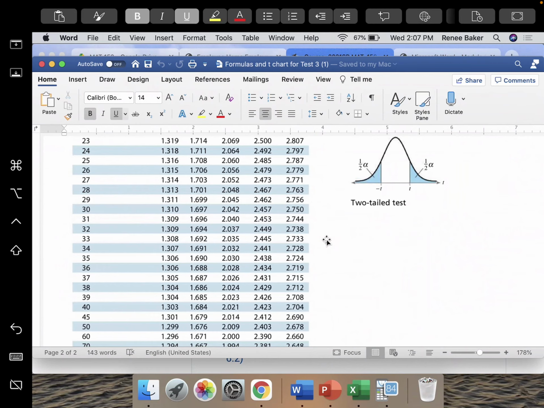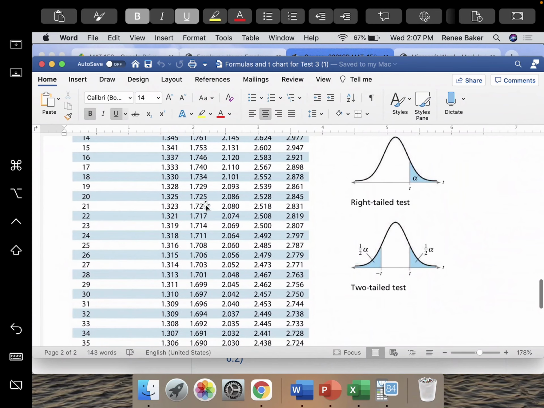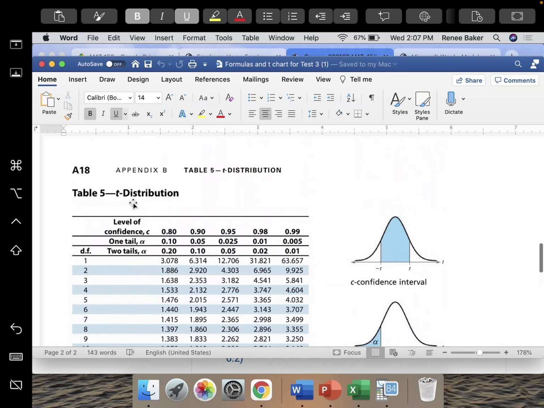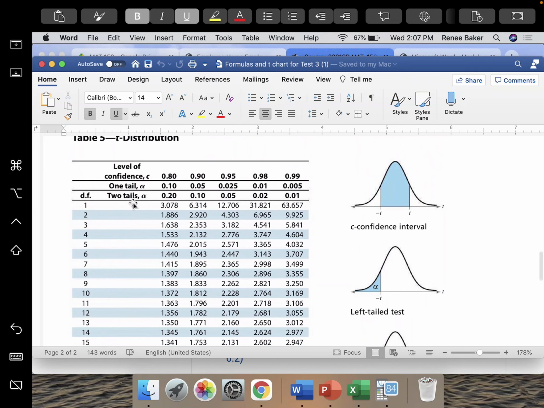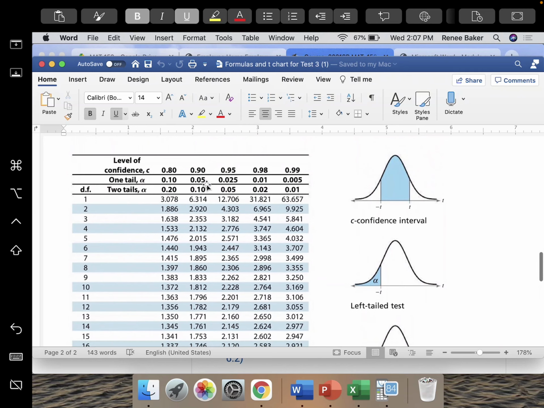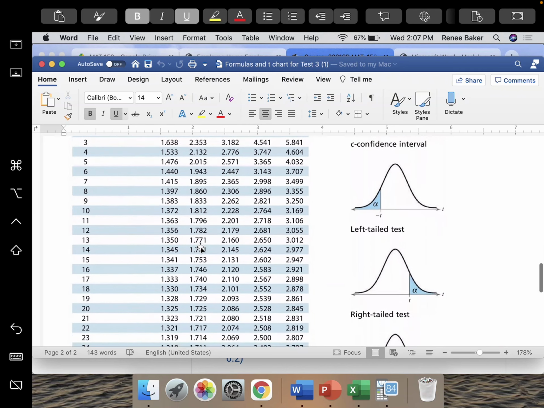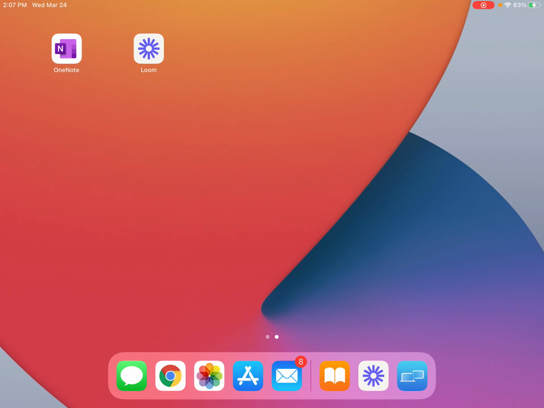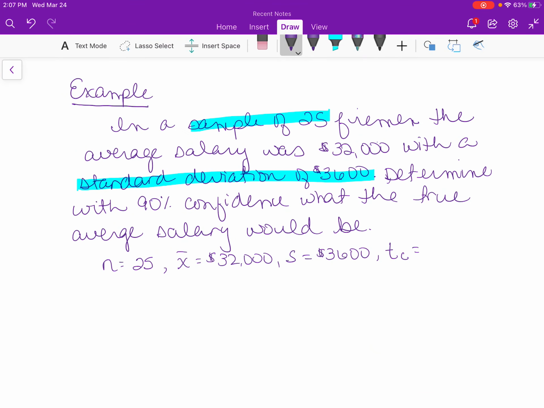So n is 25. n minus 1 is 24. So we're going to go to our T distribution chart. We're going to go to 90% confidence, so that's going to be the second column. And we're going to go down to 24, and we're going to use 1.711, because our degrees of freedom is 25 minus 1, which is 24.